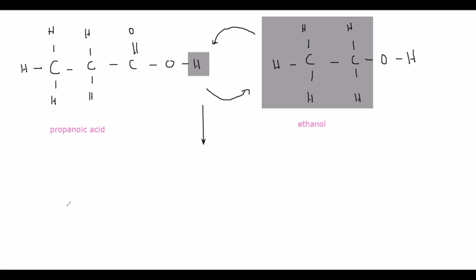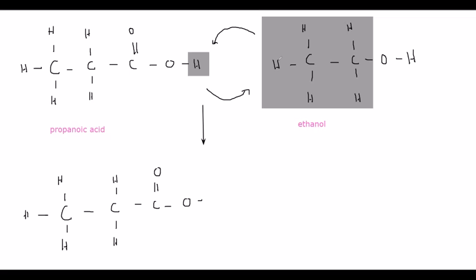We have three carbon atoms first due to propanoic acid, till this part, and then O is also there.